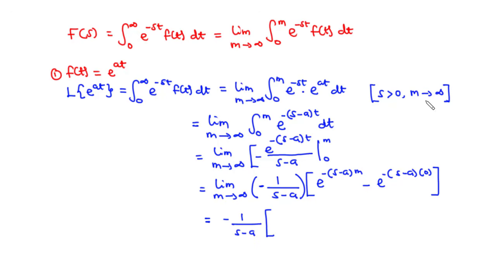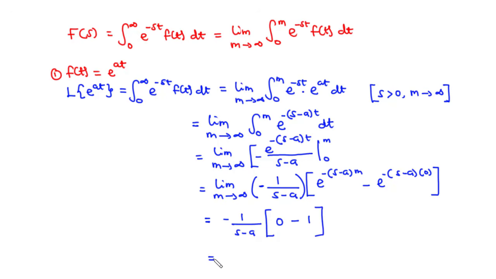Now as m approaches infinity and s is greater than 0, what's in the bracket is a positive value, times infinity, which is also positive, and then times negative, which is negative infinity. Now e to the power of a value very close to negative infinity is equal to 0, minus, here because we have 0, the exponent becomes 0, and e to the power 0 is equal to 1.